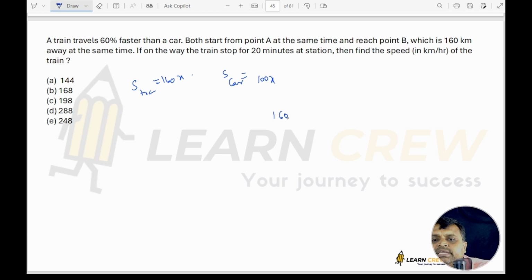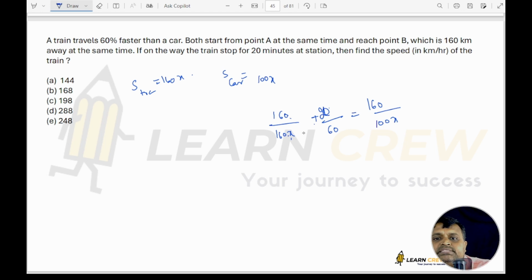So 160 divided by 160x plus 20 minutes, 20 by 60 hours, is equal to 160 by 100x. So the time taken by car is equal to time taken by train plus 20 minutes, which is the break time.